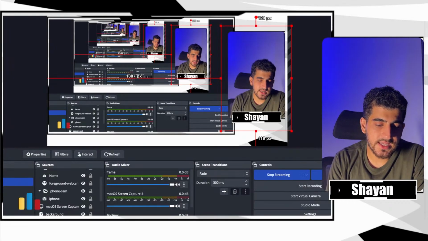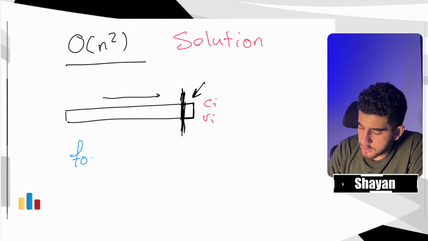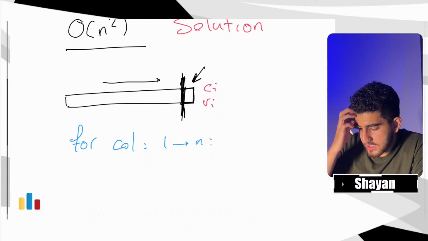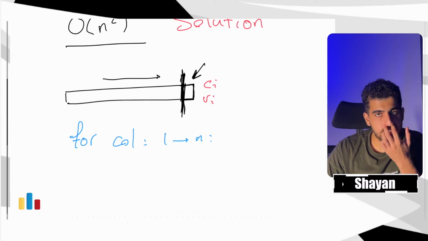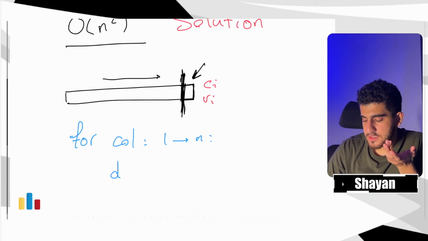So what I can say is I can have a for loop on all the colors from 1 to n. And I can say that either I will not add this ball to them. So if I do not add any ball, DP of col remains the same.